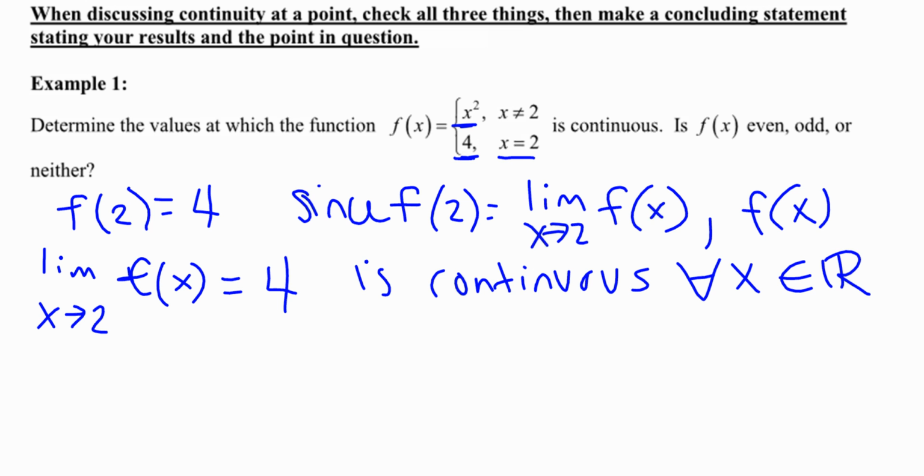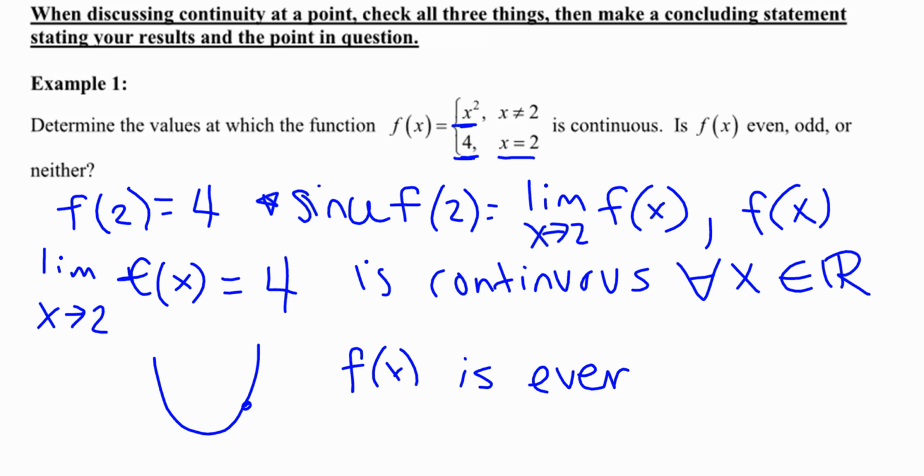Okay, that's a fancy way of writing for all x values. Now, is f even, odd, or neither? Since it looks like this, with a hole and then the hole filled in, we know that f of x is even. Has y-axis symmetry.